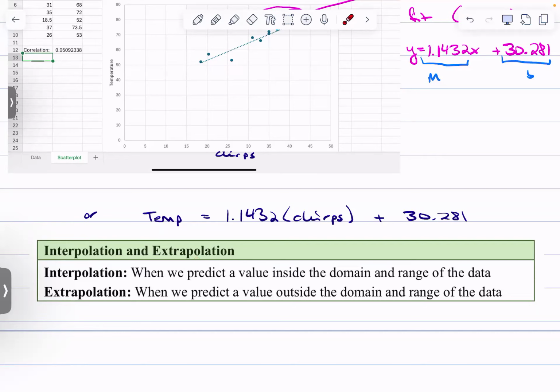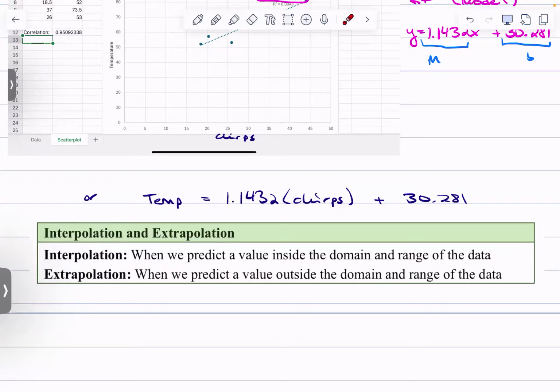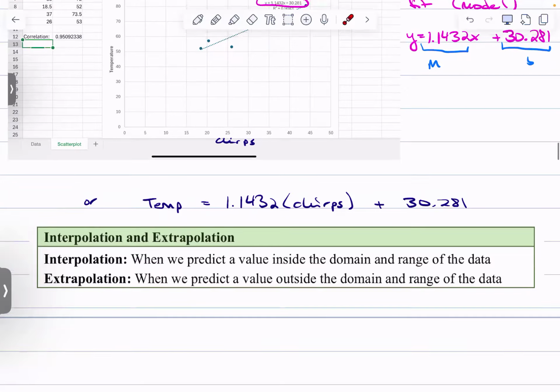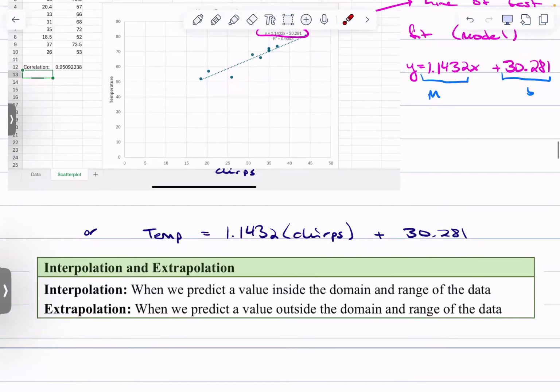Knowing inter means between, interpolation is when we predict a value inside the domain and range of the data. Knowing that definition, what do you think extrapolation would be? That's if I use my model to predict outside the domain and the range of my data.